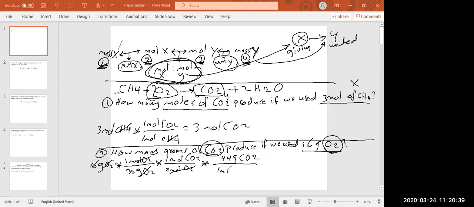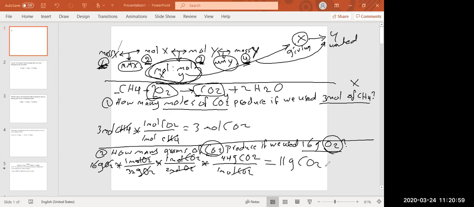And here in the bottom, 1 mole CO2. Cancel this one, do the math right now. So here, 16 divided by 32 give you 0.5, times 0.5 times 44, I think it will equal 11 gram CO2.